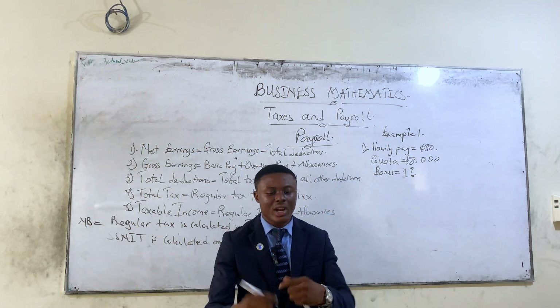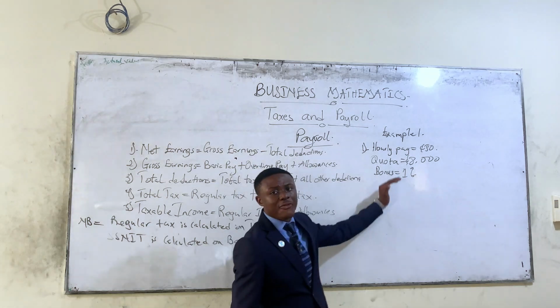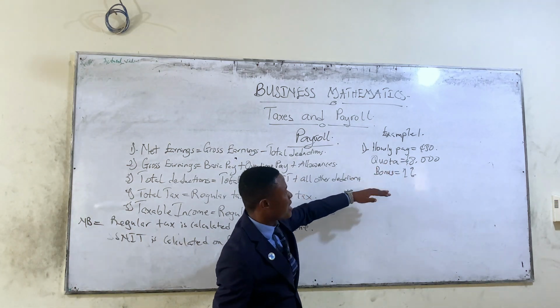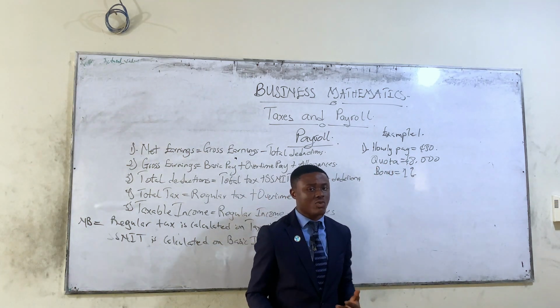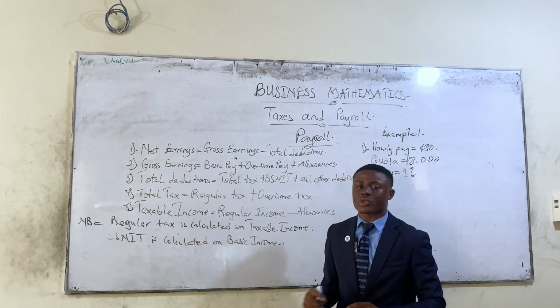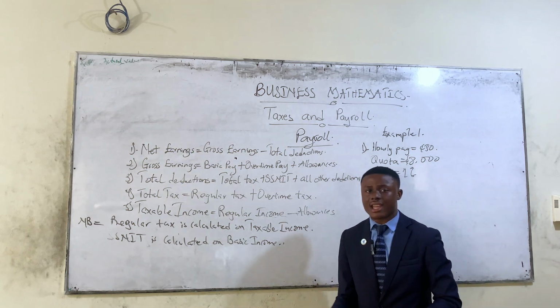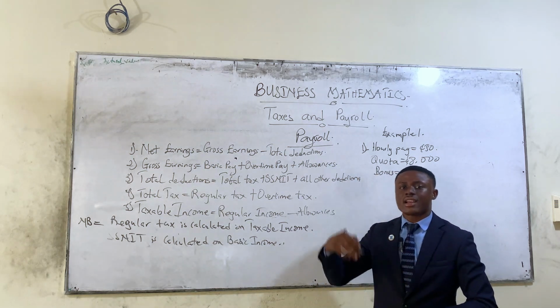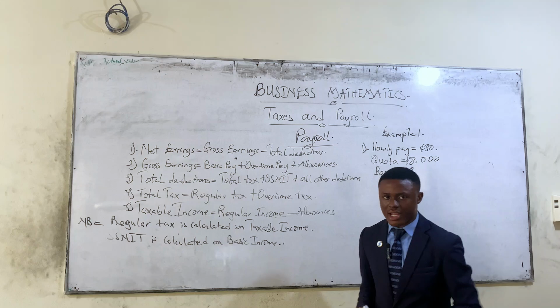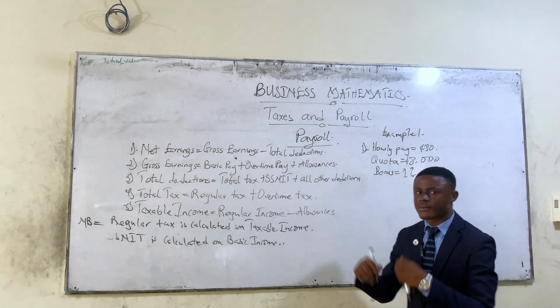determine his regular earning. As I said, every day the number of hours that you have to work is what? 8 hours. Meaning that if you are working for a week, excluding Saturday and Sunday, if you are working 8 hours every day for 5 days, if you multiply it by 5, you are getting what? 40.